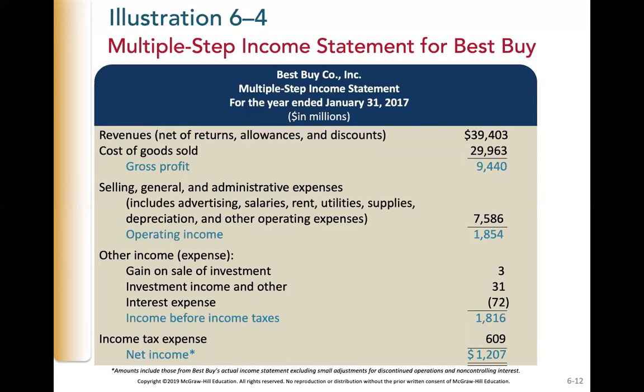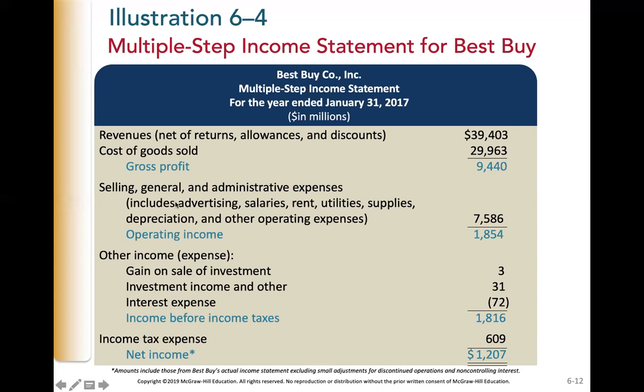Next, the cost of inventory sold is reported as cost of goods sold. Net revenues minus cost of goods sold equals gross profit. Gross profit is your first level of profit as shown in this new multi-step income statement.